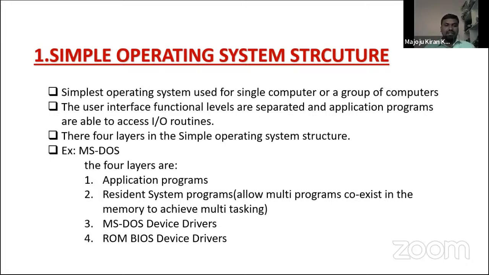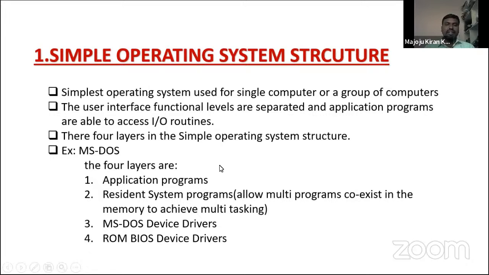If we talk about the MS-DOS structure, there are 4 layers. The first layer is application programs, which interface with the operating system functions. The second one is resident system programs. The resident system programs are those which allow for multitasking.